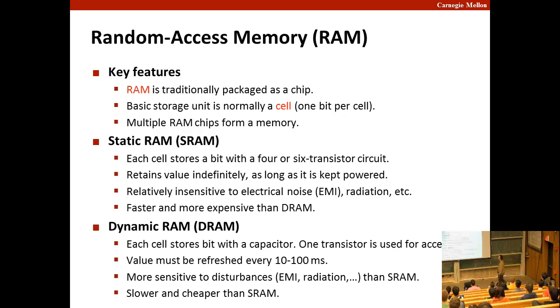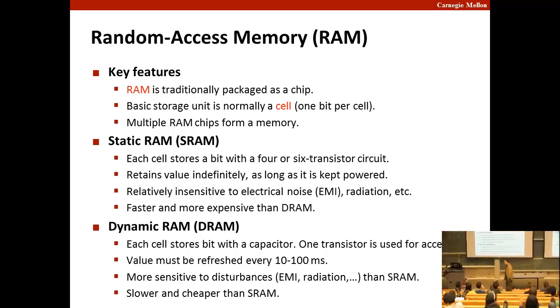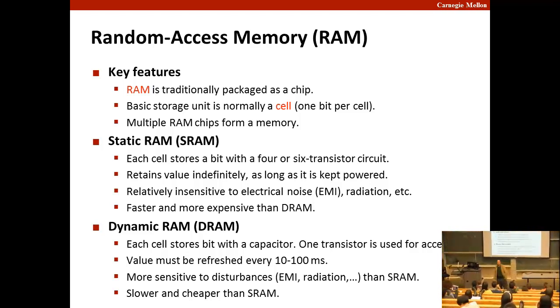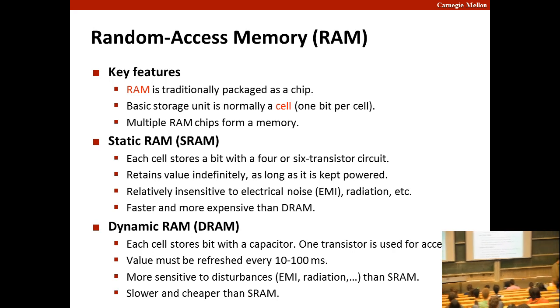The building block of memory falls into one of two categories: DRAM or SRAM. Dynamic RAM or static RAM. RAM stands for random access memory. What does that mean? That means we can access any address we want. Random access, as opposed to, for example, sequential access: address 0, address 1, address 2, address 3, address 4, address 5, address 6.